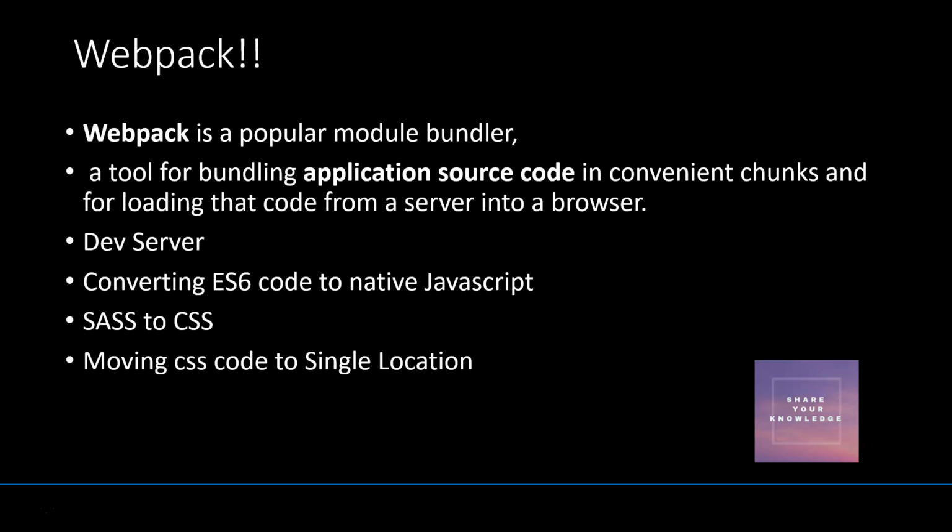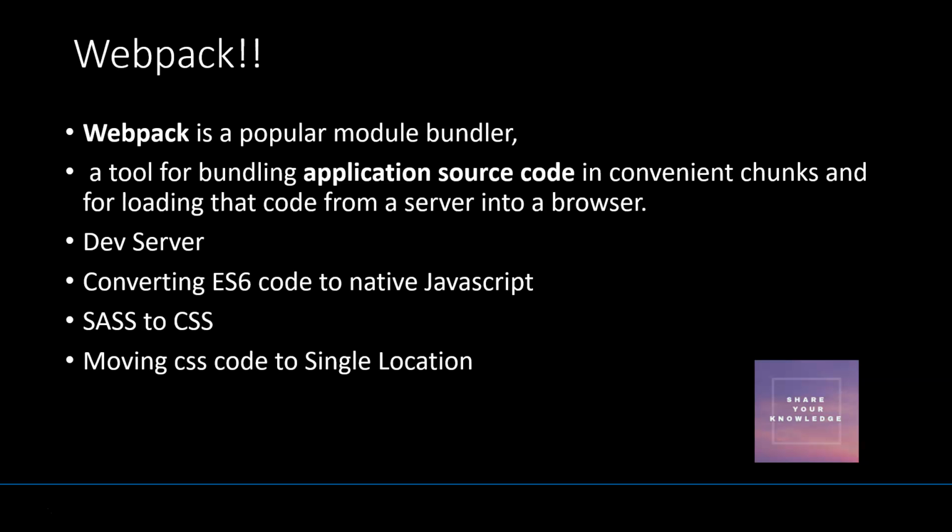One of the main purposes is bundling, but with Webpack you can also create a dev server, which is actually used when you start Angular CLI. It starts a Webpack dev server, and it can also be used for converting your ESX code to native JavaScript, basically by using Babel or a TypeScript compiler. It can be used to convert.